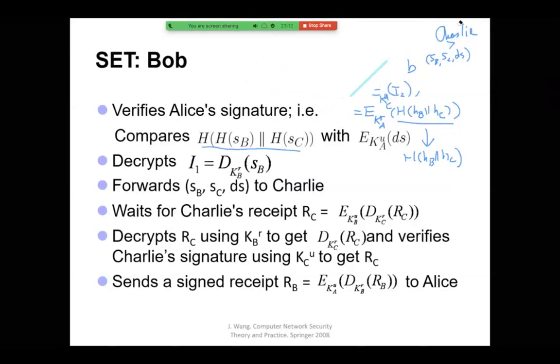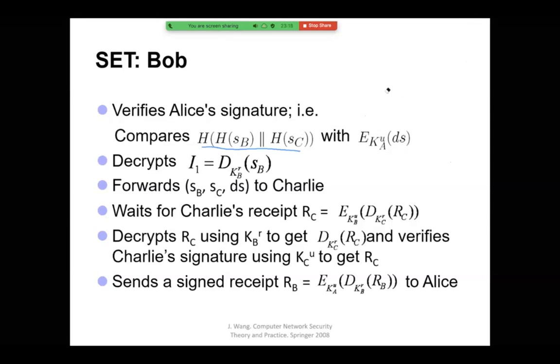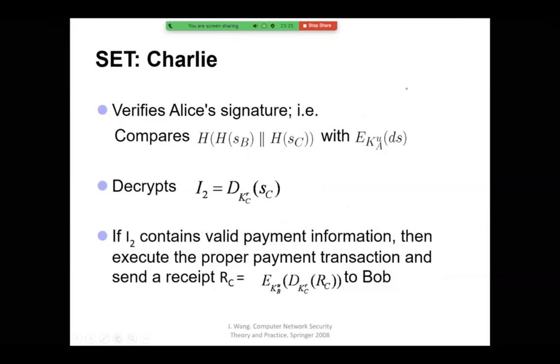Now let's look at what Charlie would do. Remember, Charlie gets the same thing from Bob.